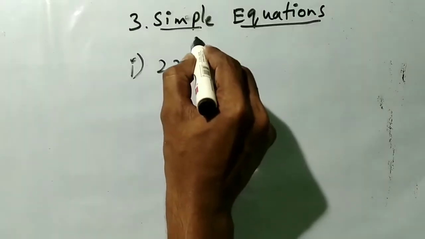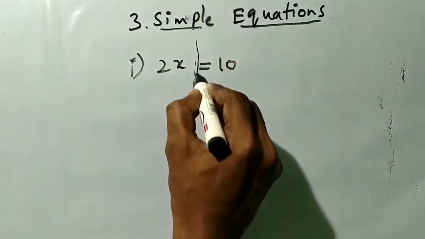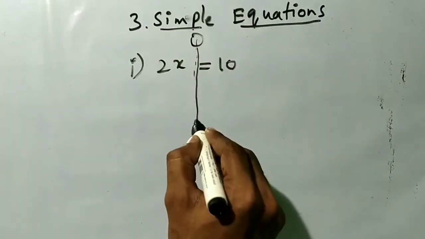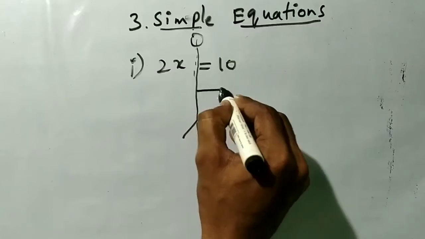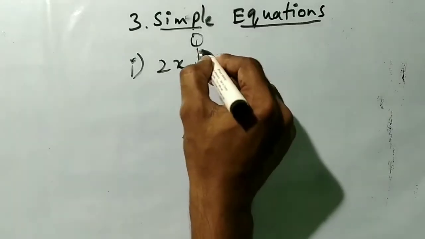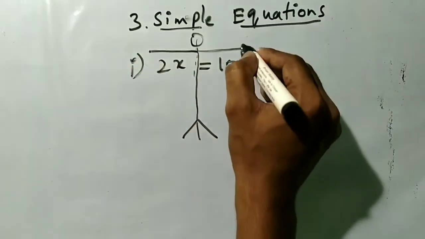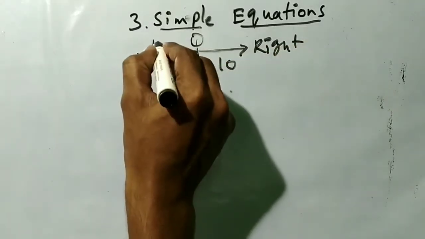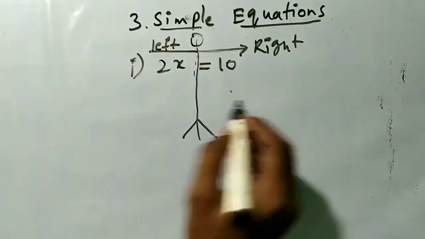So let us draw an imaginary line. Draw a line with a pencil, and this is a face. These are two legs. This is a hand, this is the right hand, and this is the left hand. So what is 2x?